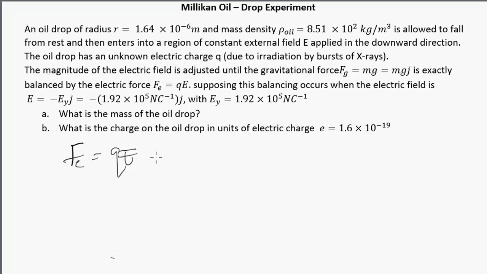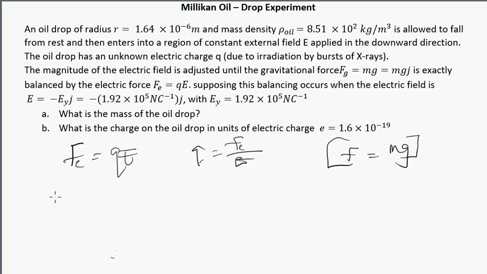Let's also recall that we are looking for the charge, so we can simply make the charge the subject of the formula, and then we'll simply have F over the electric field. Let's also recall that F is equal to mg, so we can actually replace F by mg.